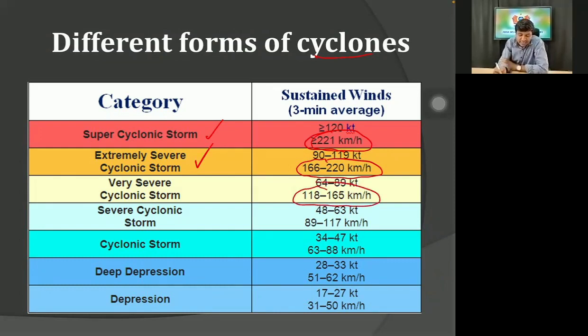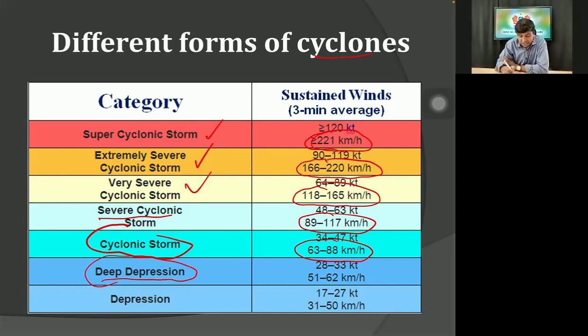Between 118 to 165 km/h, a very severe cyclonic storm. Between 89 to 117 km/h, a severe cyclonic storm. And if the speed is more than 63 km/h and less than 88 km/h, we call it a cyclonic storm.